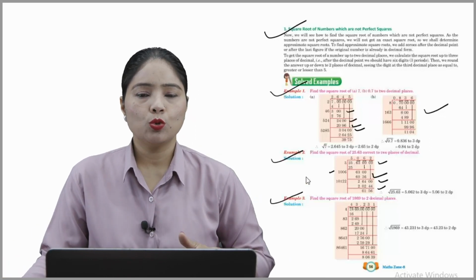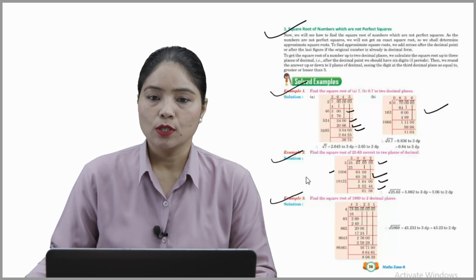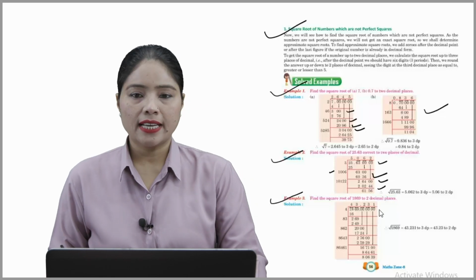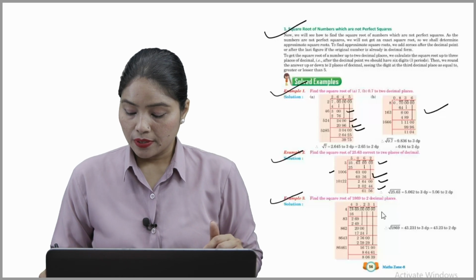Find the square root of 1869 to 2 decimal places. So we just write it 1869 and after decimal we just put 00 like that way.